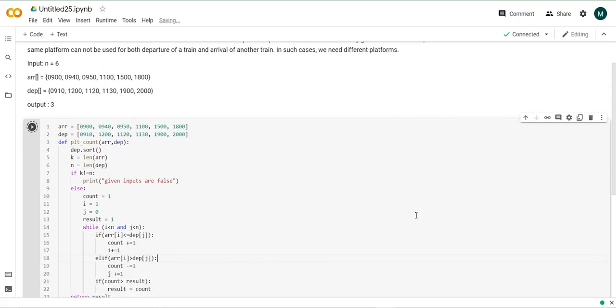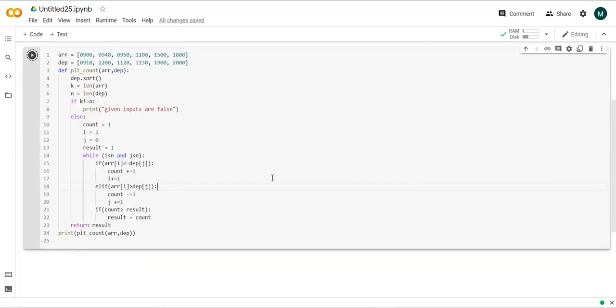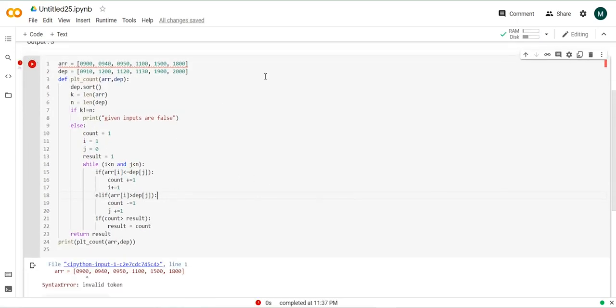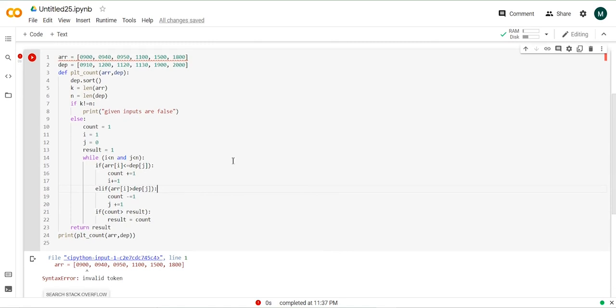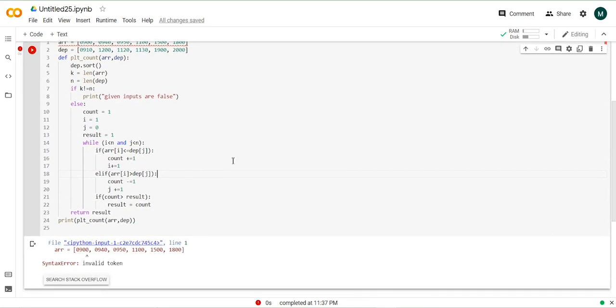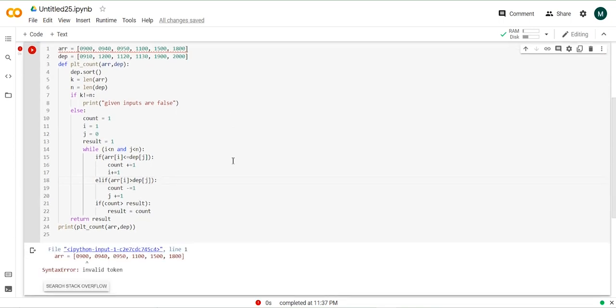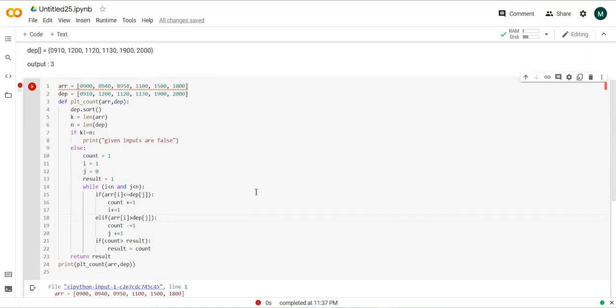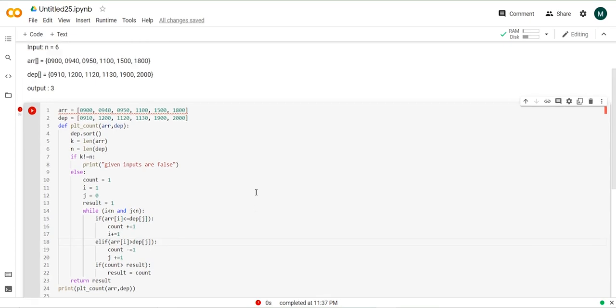Let's see if there is an error. Yeah, invalid token, system error, line 1. What's wrong with 900 and 940? Let's get an error. See, this is the beauty of programming.